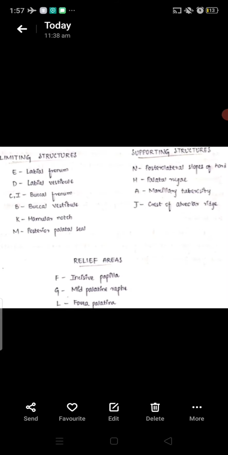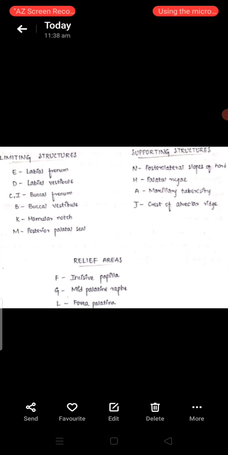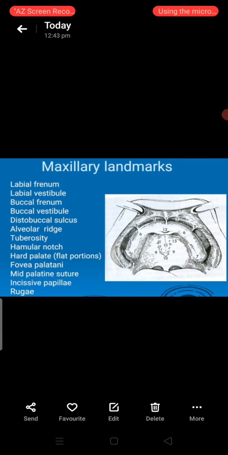Now the anterior limiting structures are the labial frenum, which is marked by 1, and second is the labial vestibule, which is marked by number 2. These are the two anterior limiting structures.